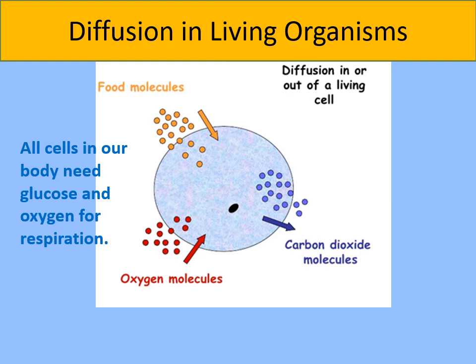All cells in our body need glucose and oxygen for the process of respiration to take place, and that will release energy. Remember that respiration takes place in the mitochondria, one of the organelles, or parts of the cell.